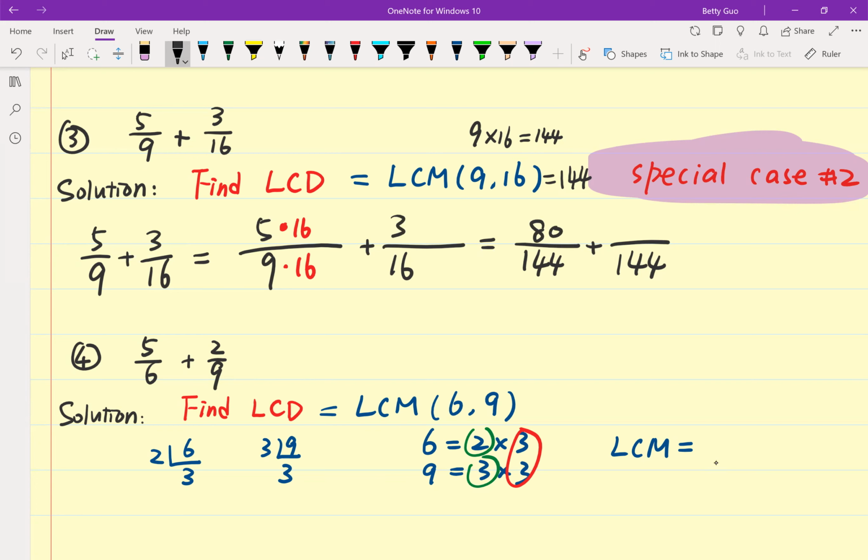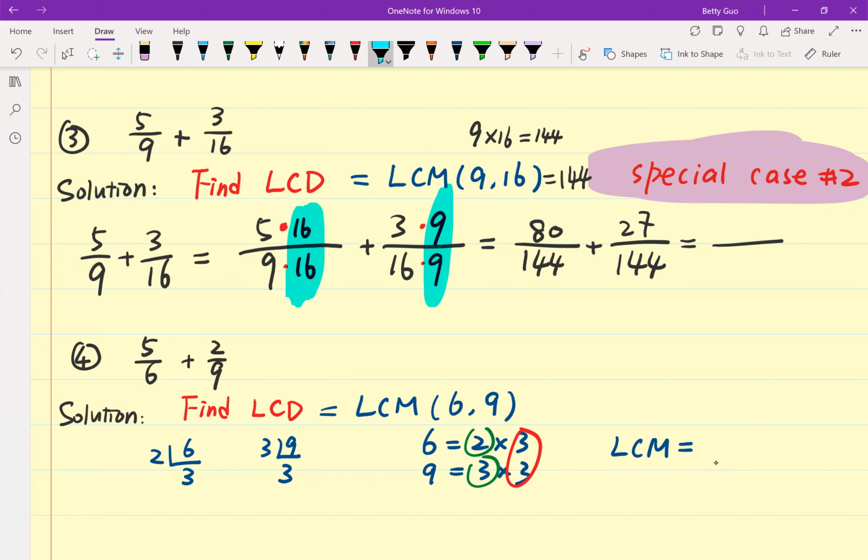The second fraction, go from 16 to 144. Which factor is missing? 9. So we multiply both top and bottom by 9, right? And what is 3 times 9? 27. Very good. Do you see that this number 16 is the denominator of the second fraction, and this number 9 is the denominator of the first fraction?